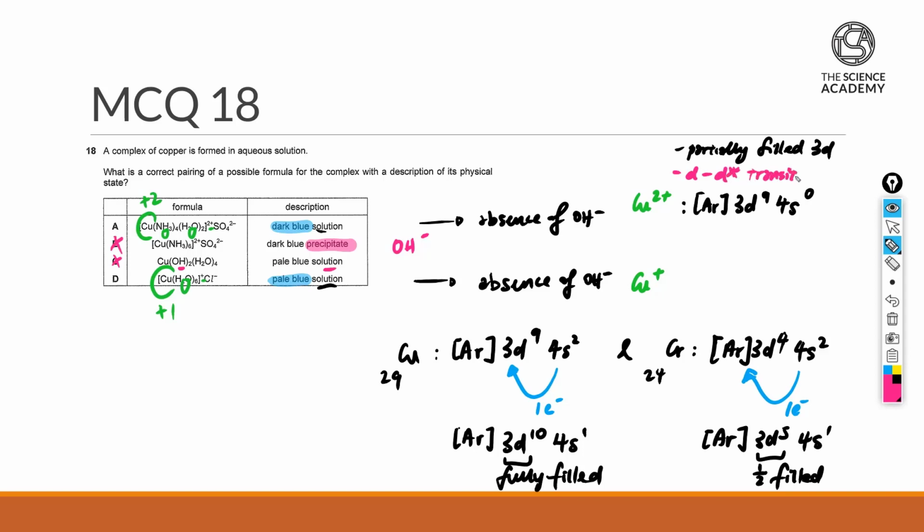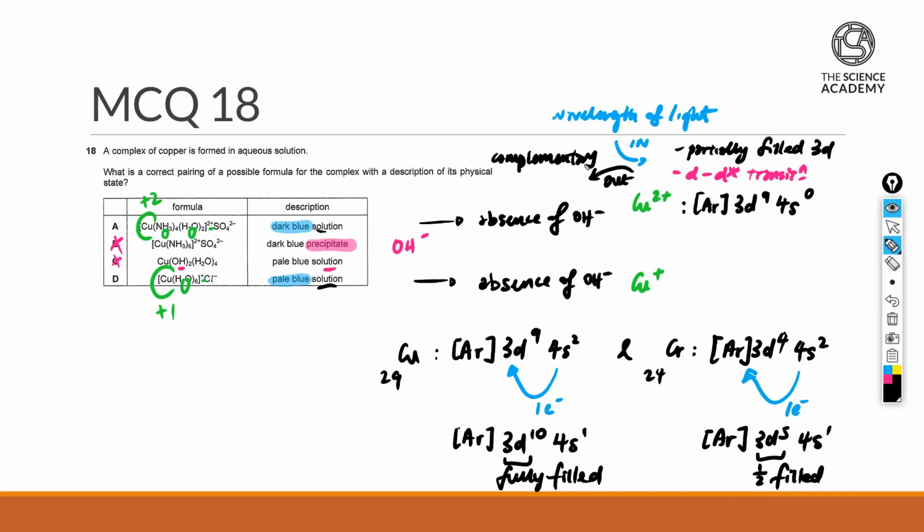Now it's this transition that gives the color, because during this transition itself, a certain wavelength of light is taken in, and in response to that, this will actually result in a complementary wavelength of color of that light to have been released.